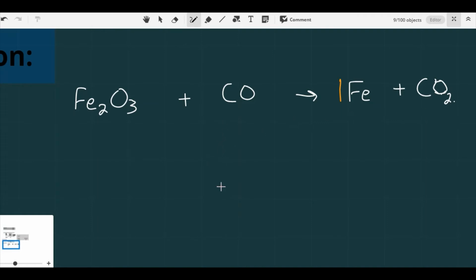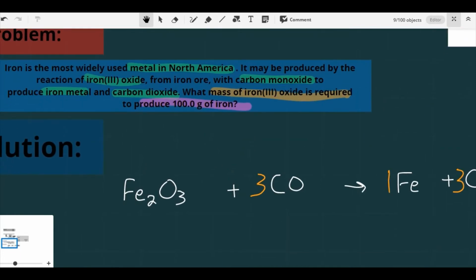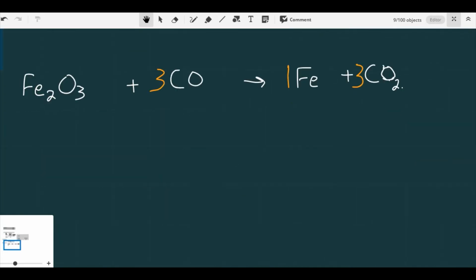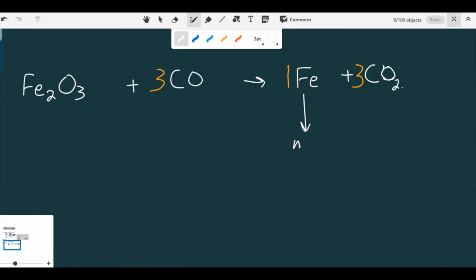When we put 3 here and 3 here, the oxygens are 6 on both sides, and the carbons are balanced. In this question we have 100 grams of iron, so the required mass of iron, M1, is equal to 100 grams.